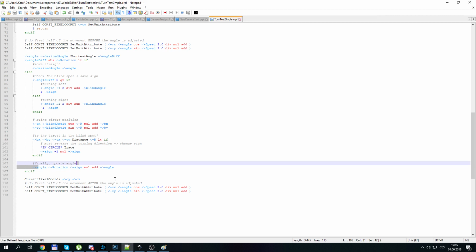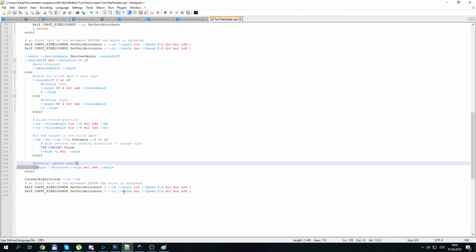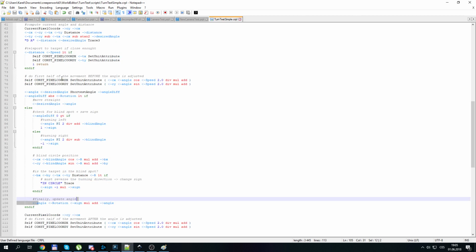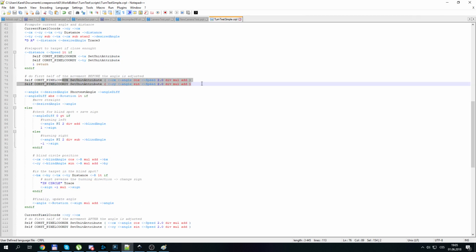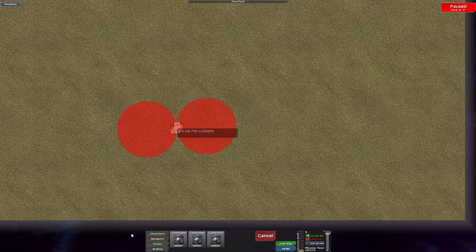Now what is important here is that I actually need not to update the angle and then move the unit or vice versa. I actually need to move the unit only half of the speed. So you can see this moves the unit half of the speed it should be moving before I adjust the angle, and then it moves the unit half of the speed again after I adjust the angle. Now why is this?